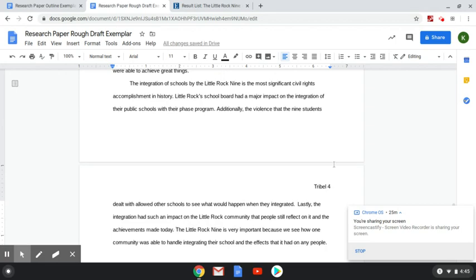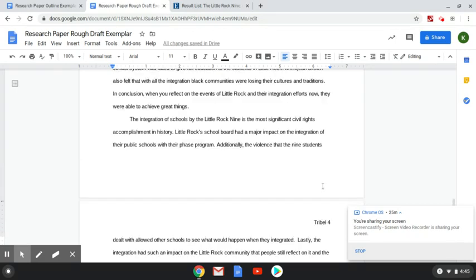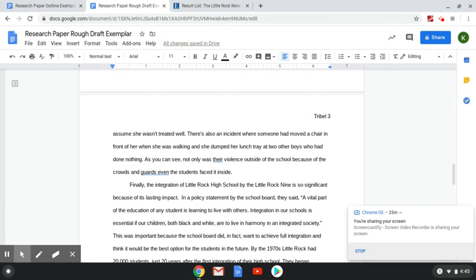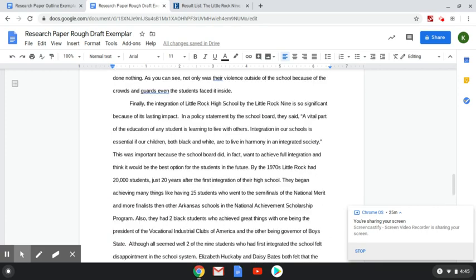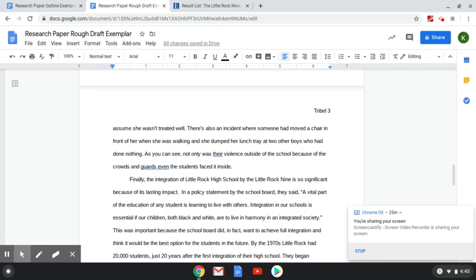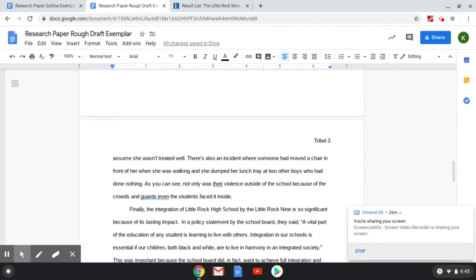So notice also, we have our header. It's actually been following us, which is good. It's been moving forward, moving up in terms of the page number as we've gone through the draft, which is good. Notice that this person has met the length requirement for the paper. It's 3 to 5 pages, double spaced.